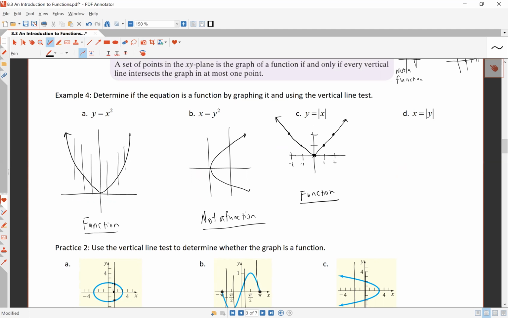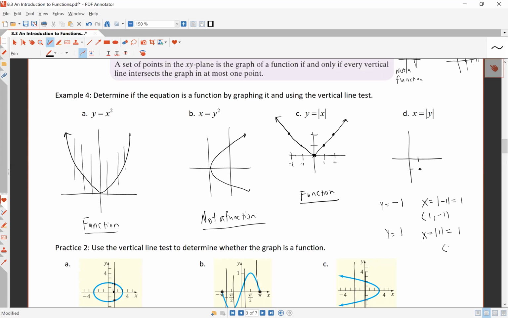x equals absolute value of y. When I plug in negative 1, then x is equal to the absolute value of negative 1, which is 1. So that point is 1, negative 1. If I plug in y equal to 1, then x is equal to the absolute value of 1, which is 1.